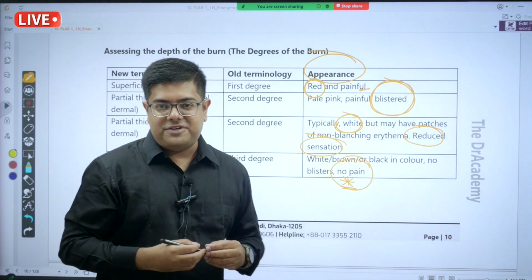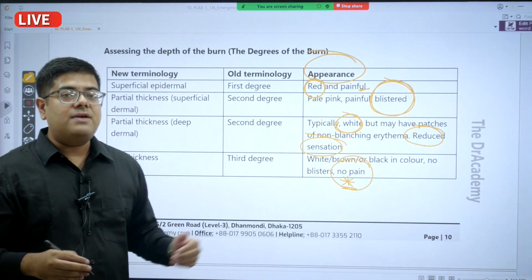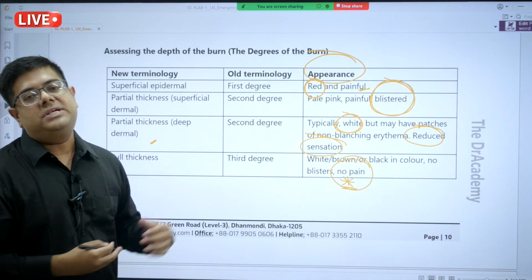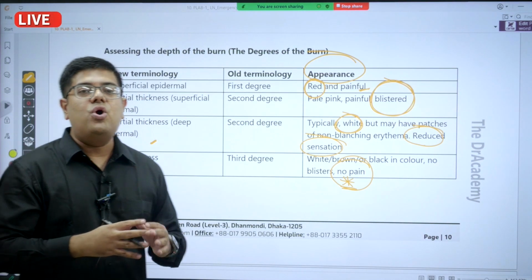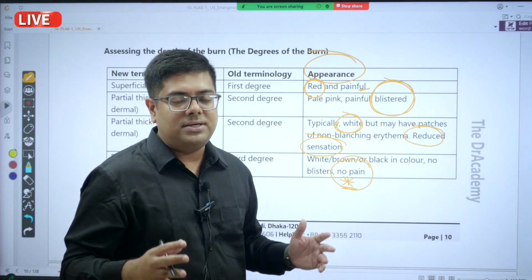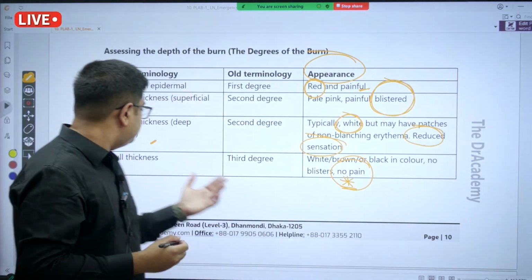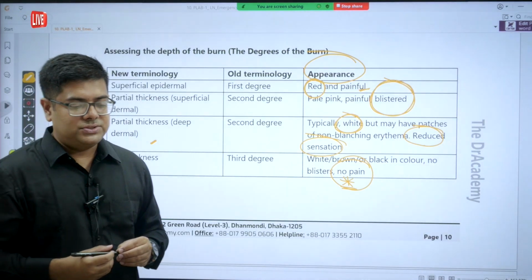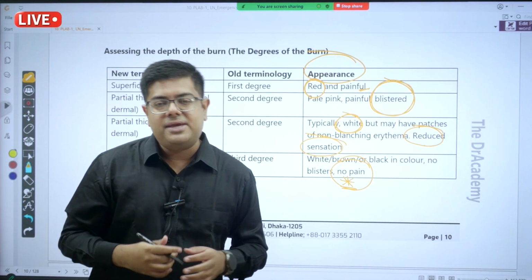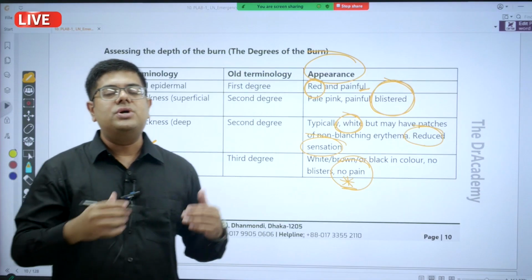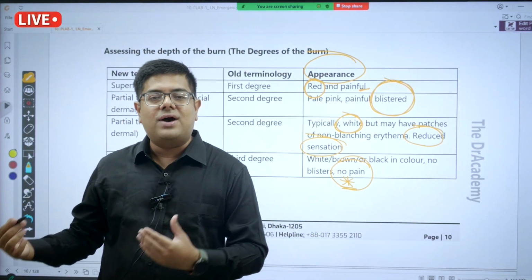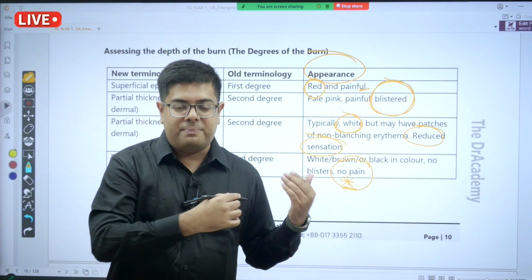This is superficial dermal. Patient having reduced sensation, deep dermal. Patient having no pain at all but he is burned. What is that? That is our full thickness burn. So these questions do appear in the exam where you need to classify or categorize the extent of burn.